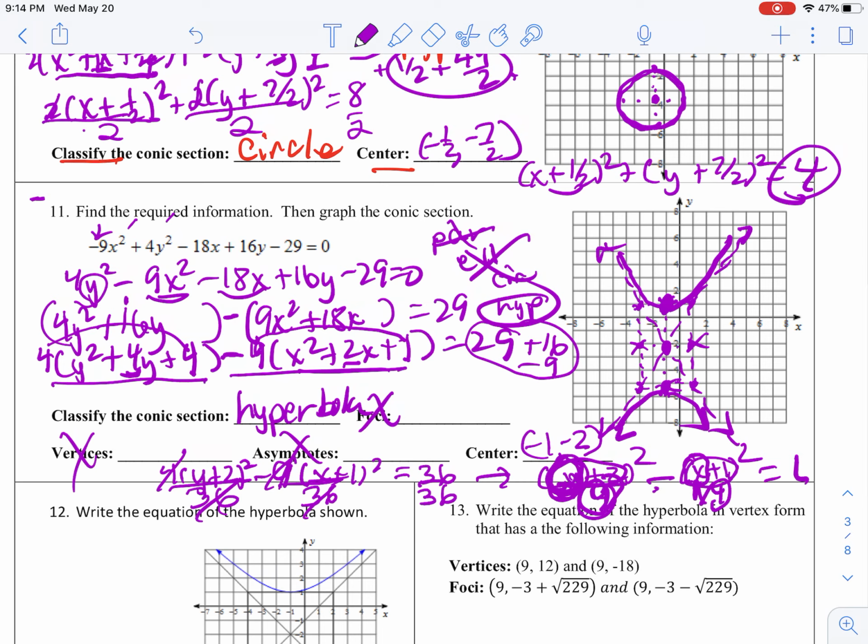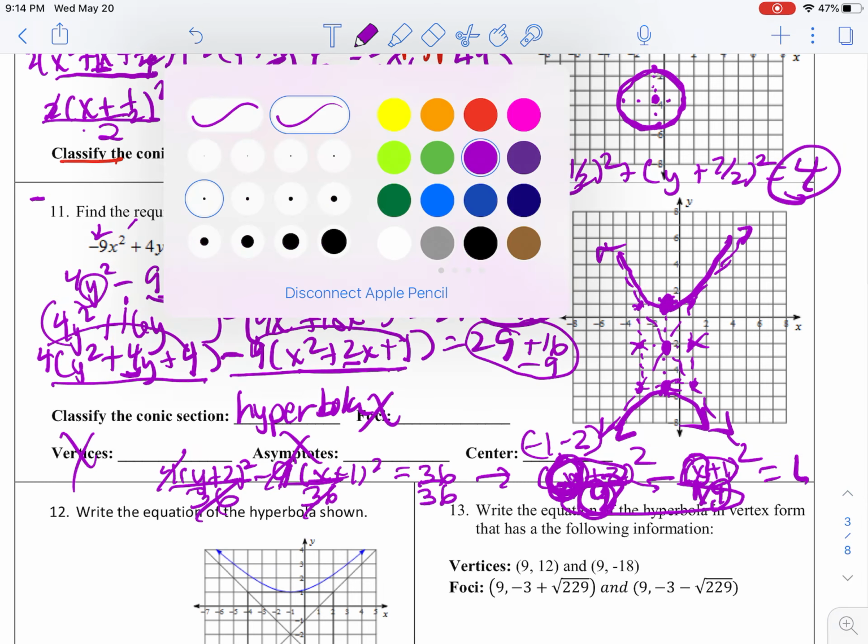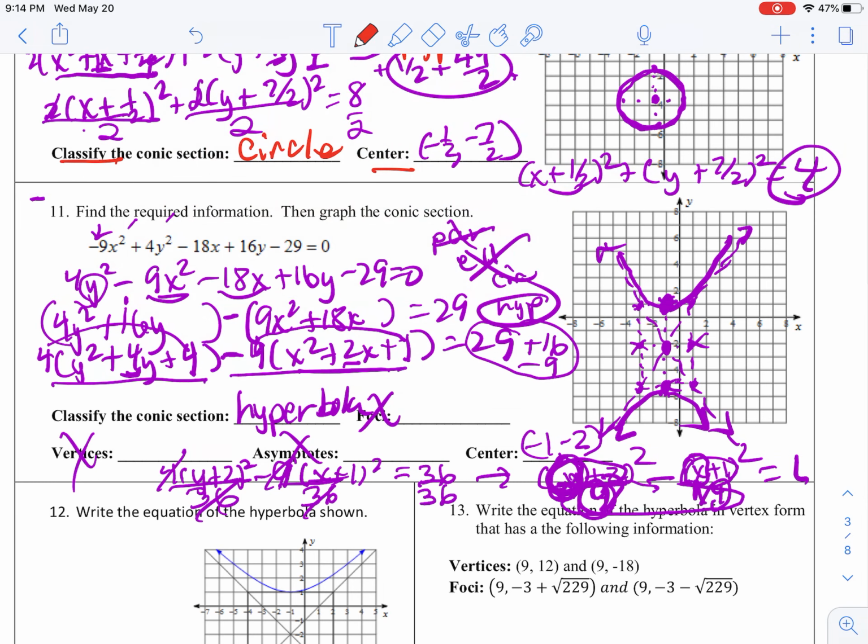Your foci, if you found them, you would add 9 and 4 together and go back to your center. You would count from your center up square root of 13 and down square root of 13. And you can find that if you want to look at it on the solution page. Let's name our vertices anyway, even though I crossed them out.